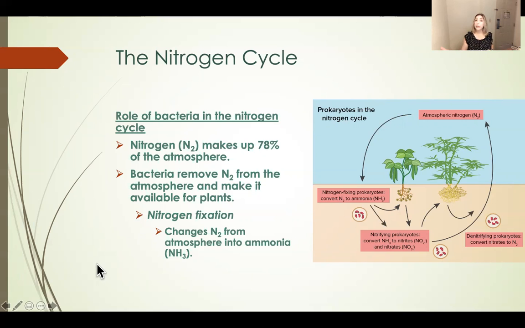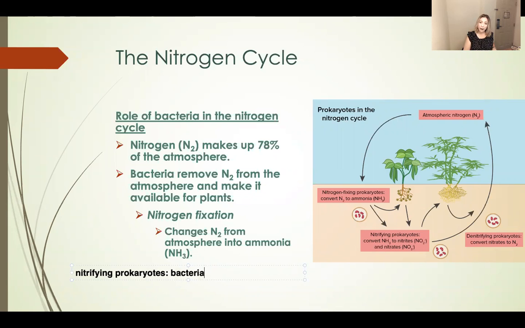Ammonia can be used by plants. Now in my picture here, it says nitrifying prokaryotes. That means bacteria, right? A bacteria is a type of prokaryote. So let me write this down because I know this involves terms that you're probably not familiar with. So nitrifying prokaryotes.